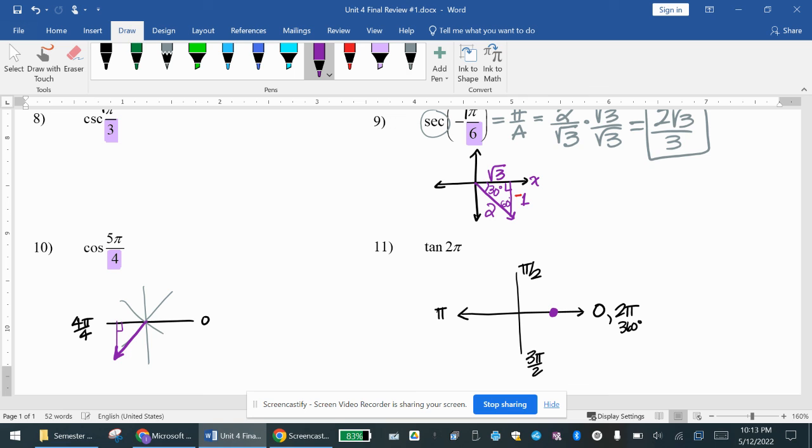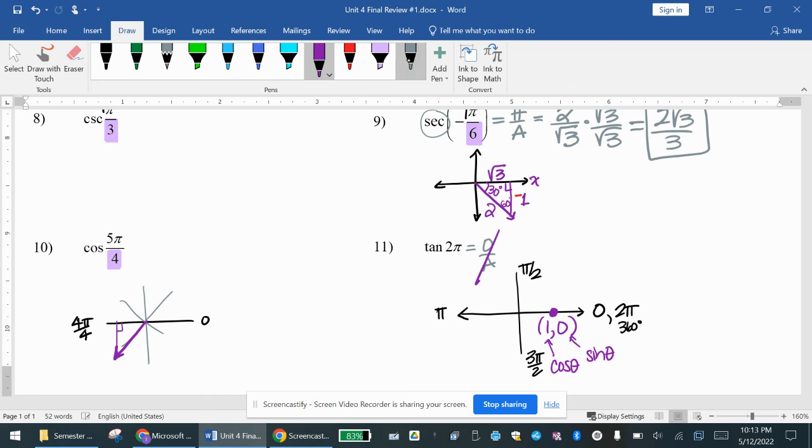For quadrantal angles, you can't do your typical SOHCAHTOA stuff. So I can't do opposite over adjacent because there's no triangle possible. So then you're going to use the ordered pair. So the ordered pair here is 1, 0. Remember that the x value is cosine and the y value is sine.